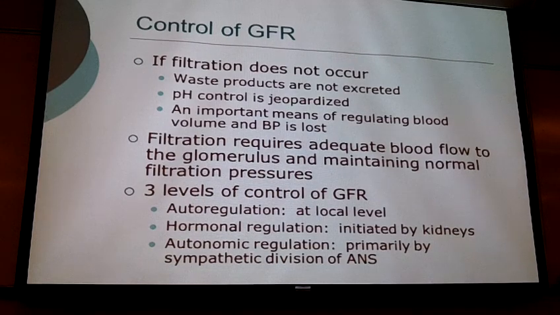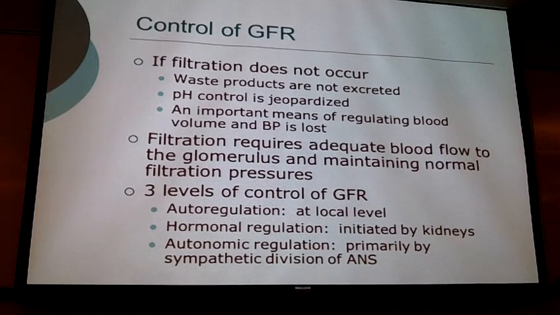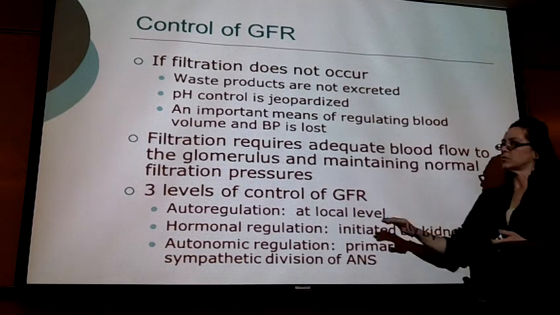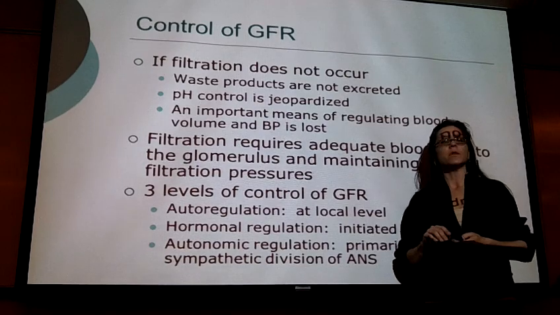They're making sure that their GFR is constant, and then the glomeruli beside them are making sure that theirs is constant, and so on and so forth. And this is constantly being tweaked. Each glomerulus is constantly tweaking different things to make sure that their GFR is constant. And we're going to look and see how that happens. So that's autoregulation at a local level.